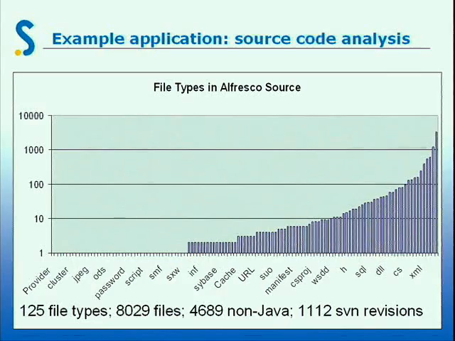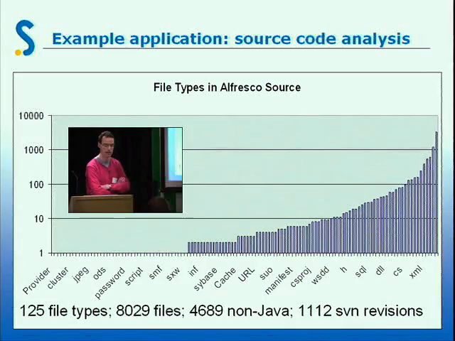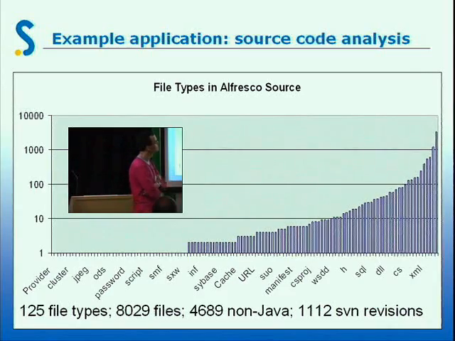On this slide, I've depicted the different file types that you can find in Alfresco. Alfresco is an open source content management system. And for each file type, I've plotted the number of files of that type that you find in the Alfresco source. So this is what you need in order to build Alfresco. There's an awful lot of different kinds of artifacts there.